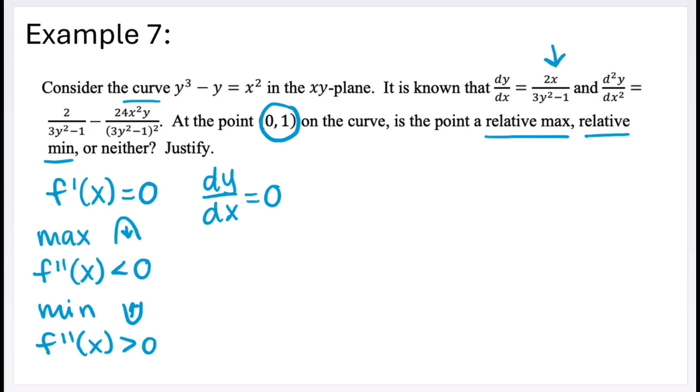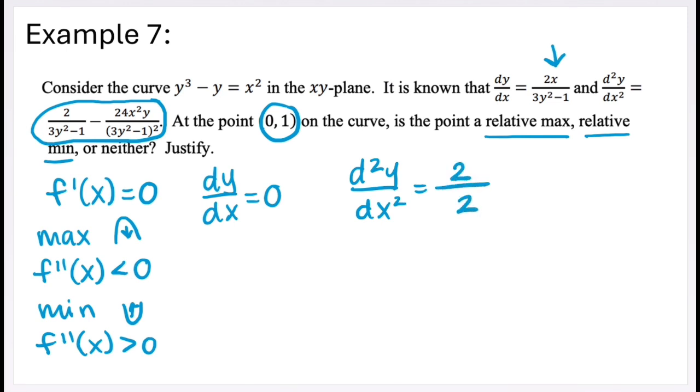So I'm going to go to the second derivative here, and I'm trying to figure out whether it's positive or negative. So when I plug in 1 for this y value, I'm going to have 3 times 1 minus 1, which is positive. So that first term is going to be positive 2 over positive 2. So d2y over dx2, if I plug into that first one, I'm going to get 2 over 2 because I'm plugging in x for 0 and y for 1.